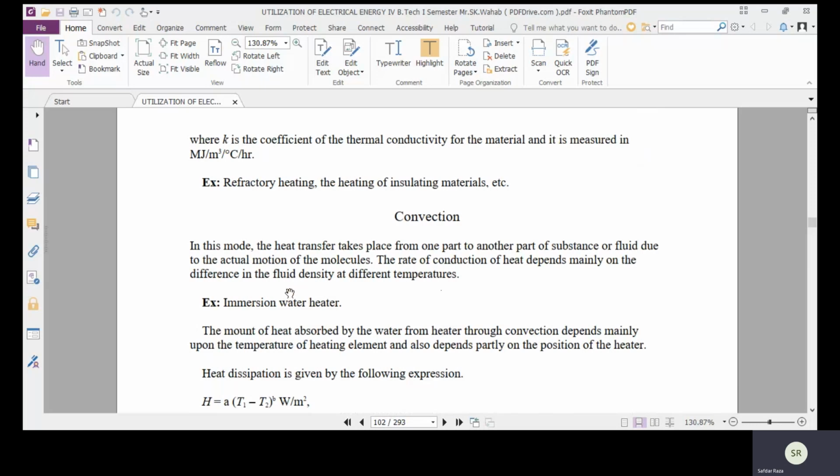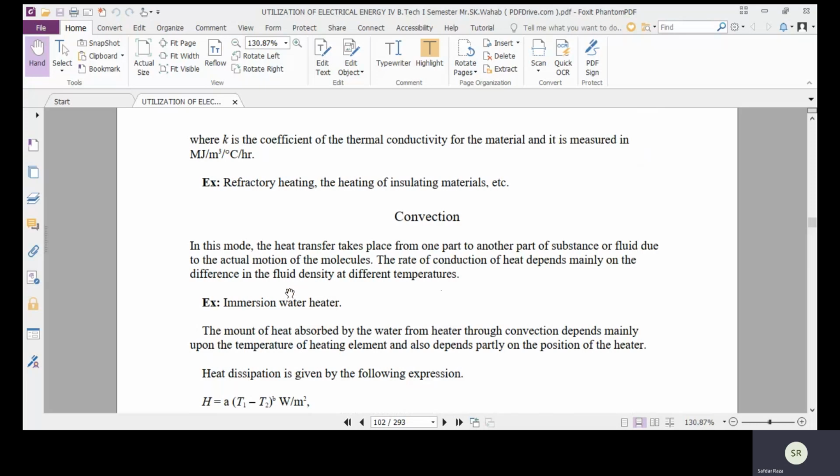So there is a temperature difference, and there is a fluid density difference. The heated particle transfers its energy to the colder molecule. In this way, the energy can be transferred from one place to another place.